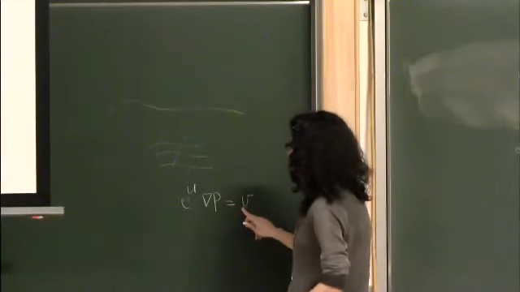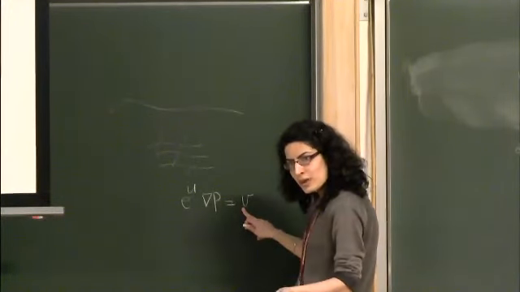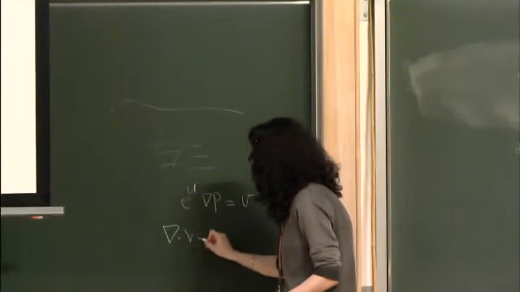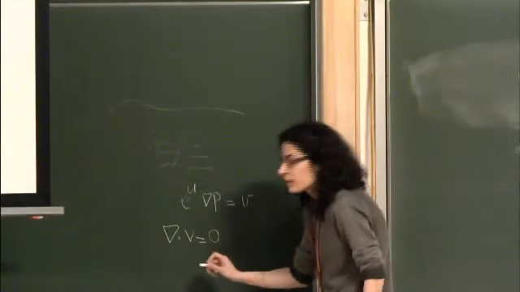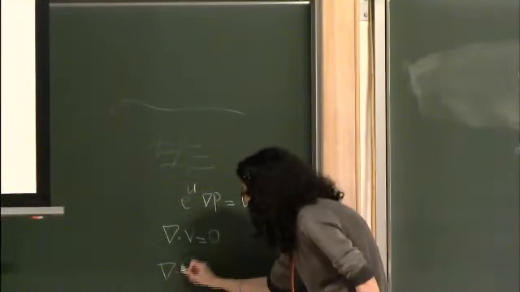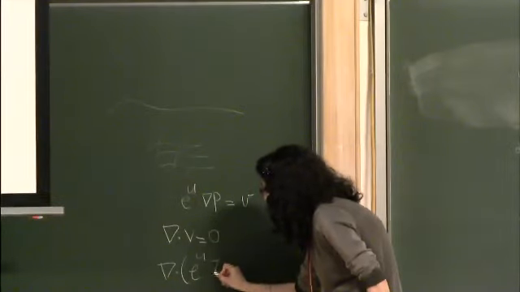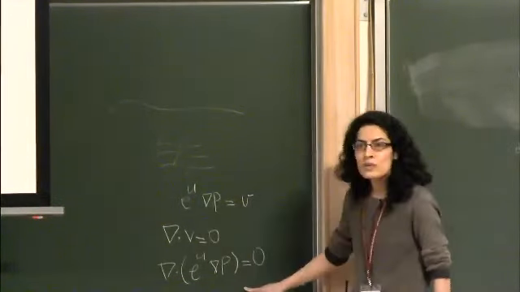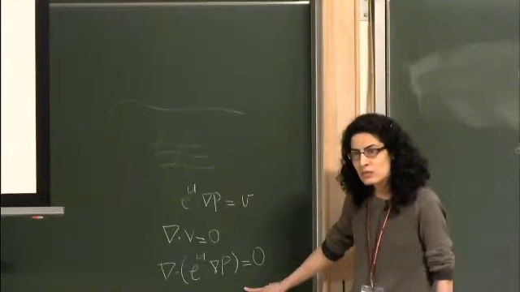Then, assuming incompressibility for the water, you have divergence of v equals 0. Therefore, you get divergence of e to the power of u gradient p equals 0. So this was the elliptic PDE that I started with.